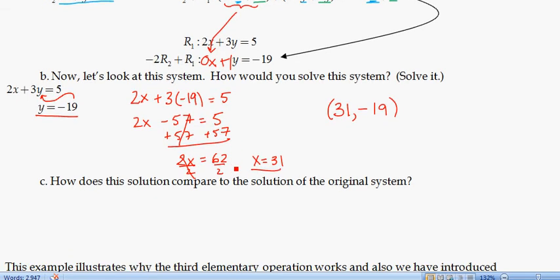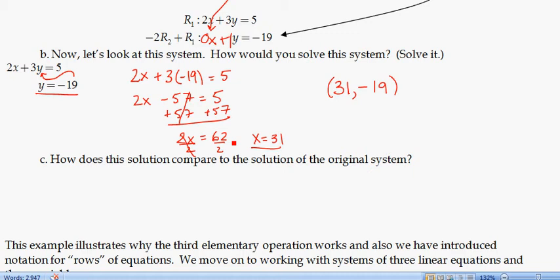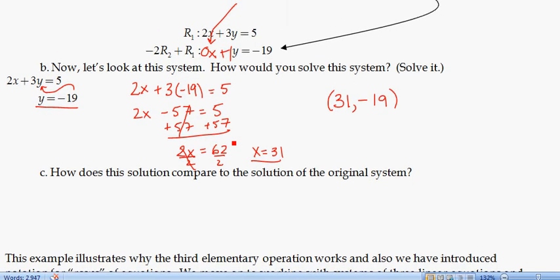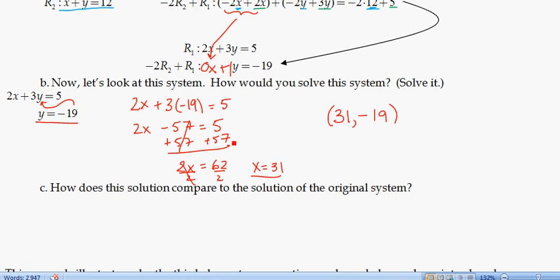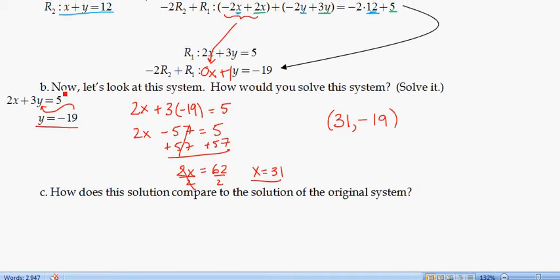Okay, so how does this solution compare to the solution of the original system? Well, it should be exactly the same, right? If we did just elementary row operations, which we did, we should still have an equivalent system, right? So let's go back to the original system. We had 2x plus 3y equals 5, and the other one was x plus y equals 12.